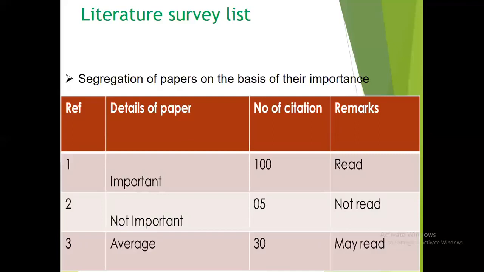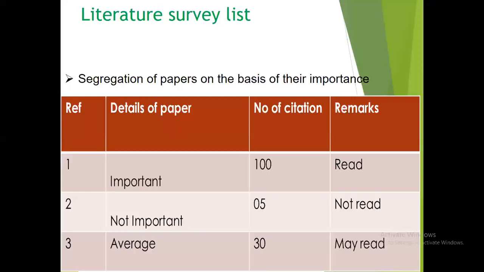The next is your non-important article, and the other one is your average article. Those having very few citations are called non-important articles. Some articles will have a mediocre number of citations, and you can consider those as average articles.